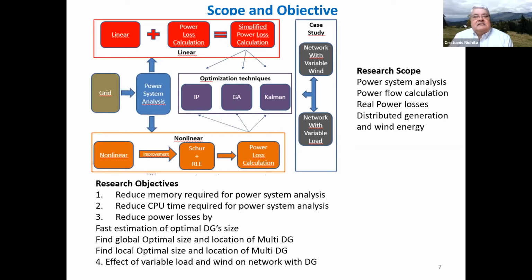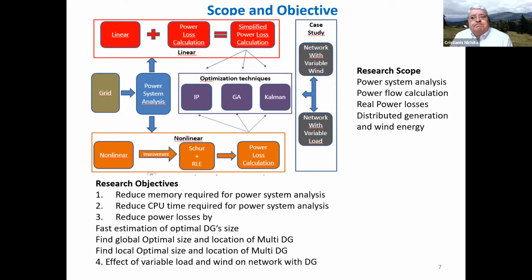Since the active power has strong coupling with the voltage angle in the power system, we consider that the method called fast predicted linear model should be used to estimate the real power losses.